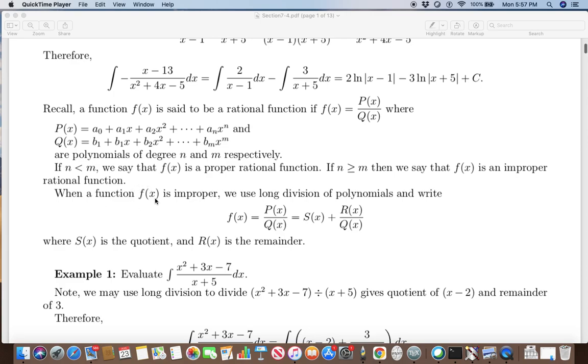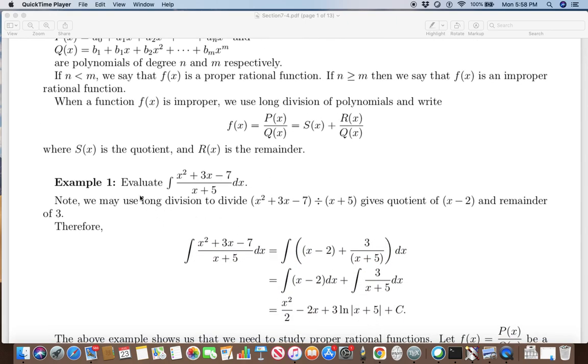When f(x) is improper, you may use long division of polynomials. Divide the numerator by the denominator, you get a quotient and a remainder over the divisor. Alright. So S(x) is the quotient, R(x) is the remainder.